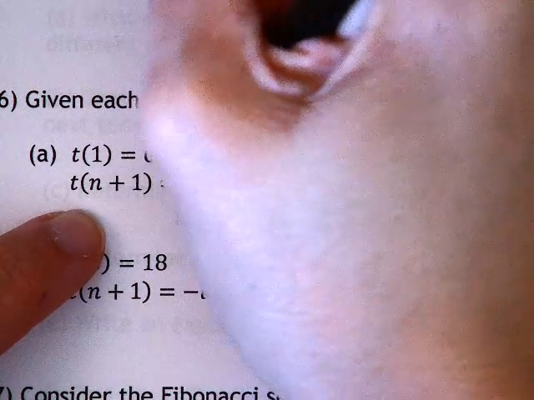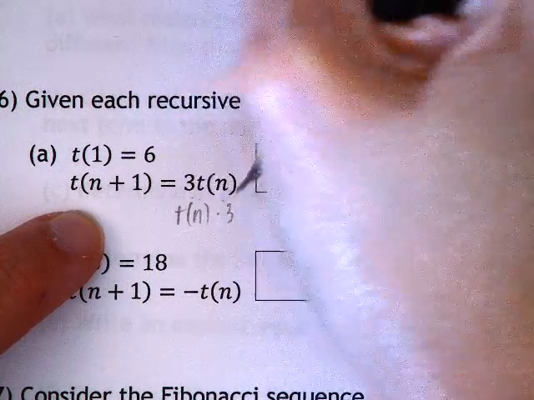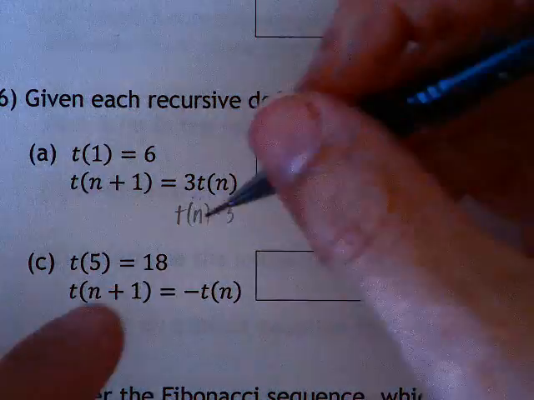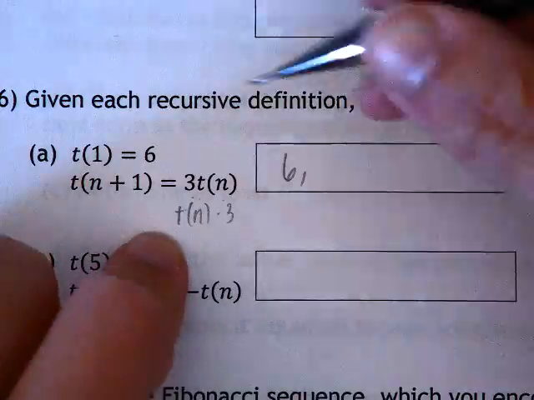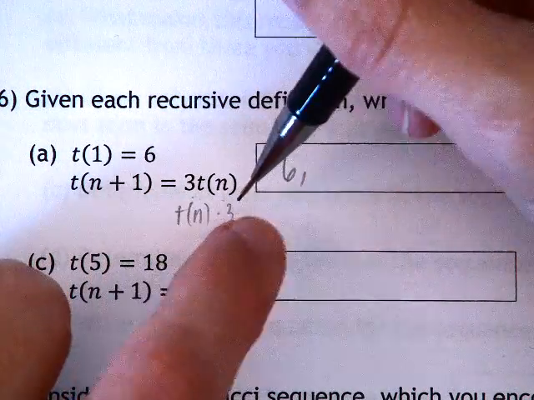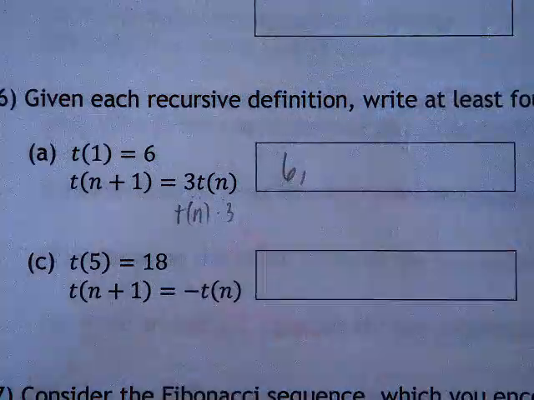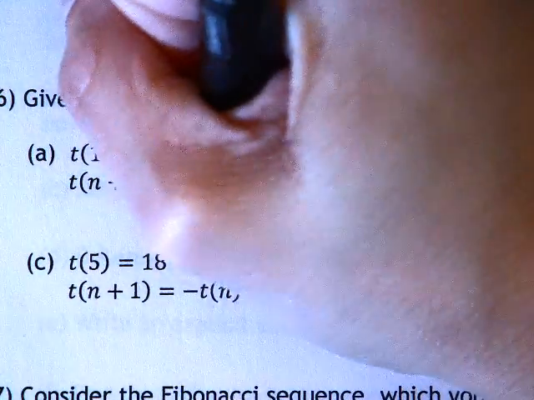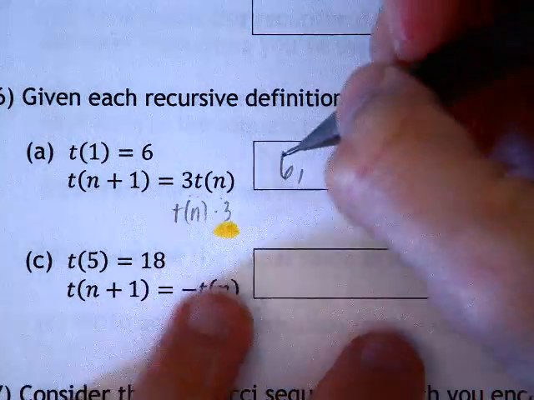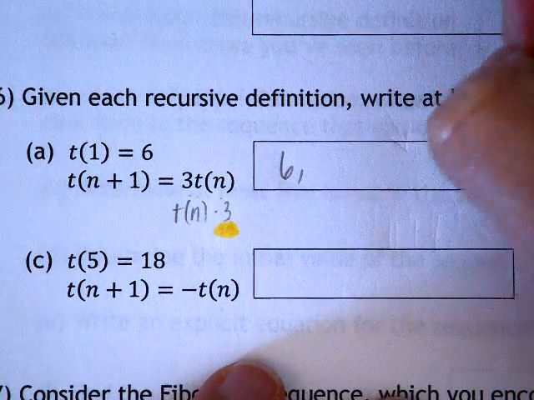I probably would have written it as T of n times 3 if I was writing my own equation, but it's okay, because again, cosmetic differences don't change the nature of the math. 3 times T of n is the same as T of n times 3. But times 3 is the most important part there. Times 3 is the part that tells me, oh, that's the pattern. That's what's happening to the sequence. The sequence numbers are each going to be multiplying by 3.